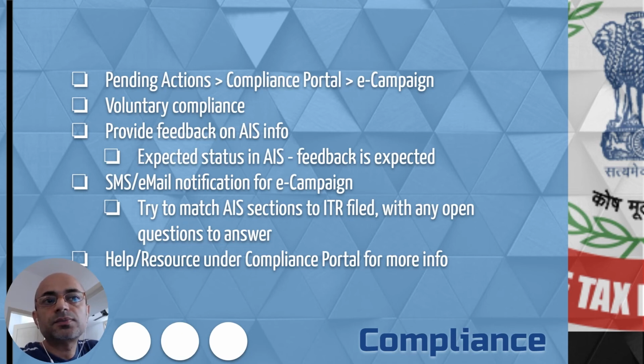And if there are any open questions, it will create an e-campaign for you to answer, where you are matching those transactions in your returns. There are also help and resources sections under the AIS portal, so you can read up more on the e-campaign and the compliance portal.